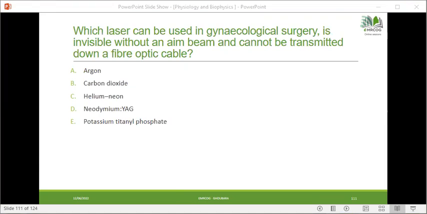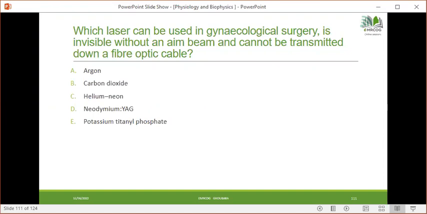Who can answer this one? Yes, this one is really easy because we are talking about an invisible laser. Invisible laser means I'm not going to see the beam transmitted.